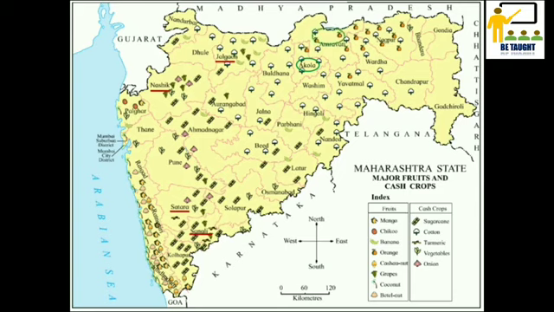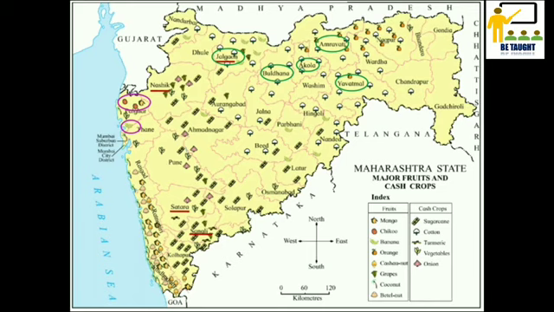Akola, Amravati, Jalgaon, Buldhana, Yavatmal. Name the fruits and crops grown in Thane district. Chikus, mangoes, bananas and vegetables.